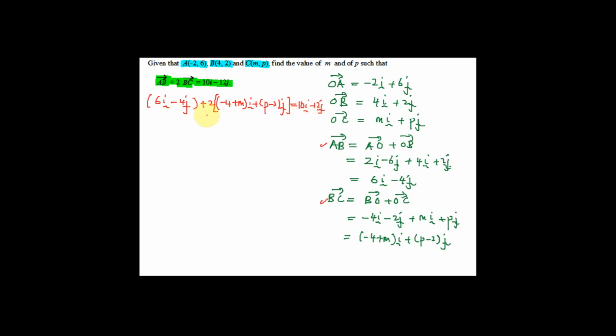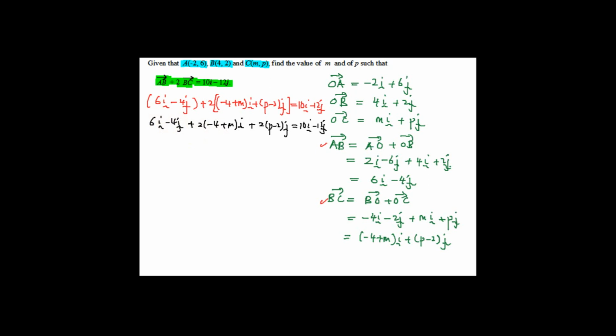Now for the left hand side, you have to group all the i, j terms together. So you have 6i minus 4j plus 2 multiplied with negative 4 plus M i plus 2 multiplied with P minus 2 j. This equals 10i minus 12j.